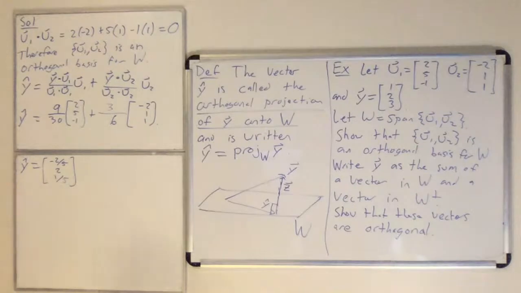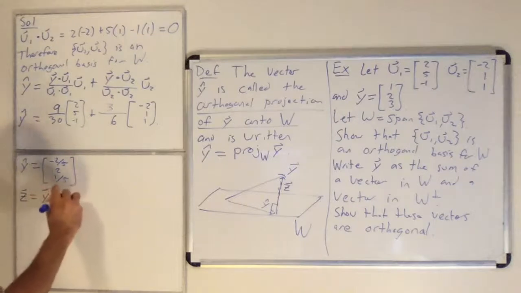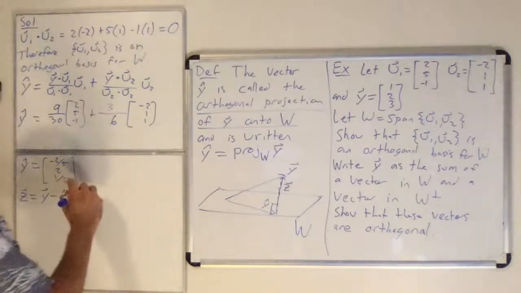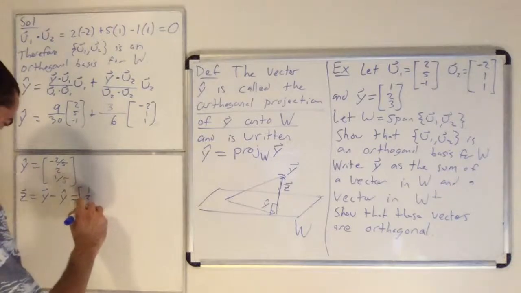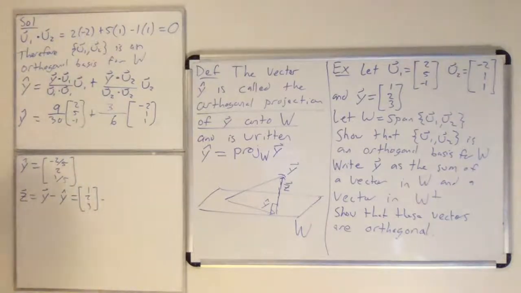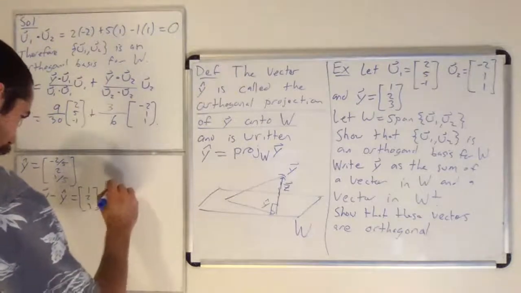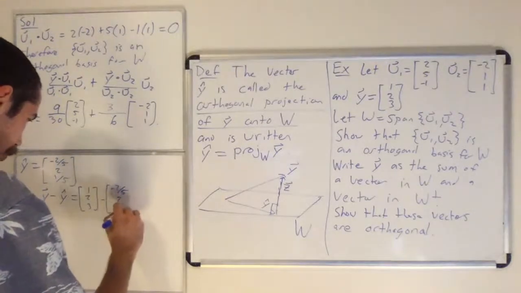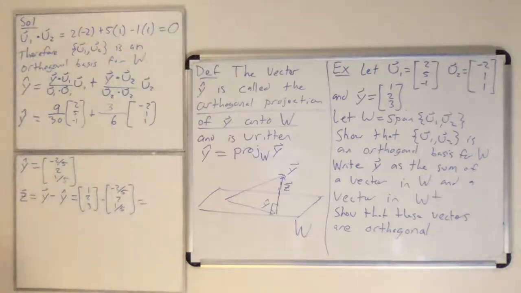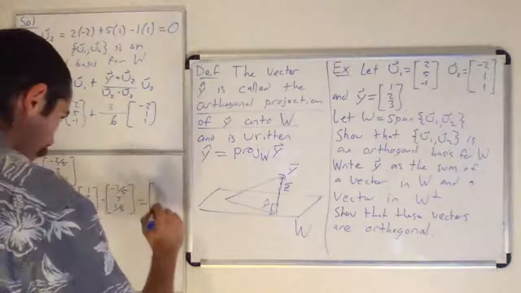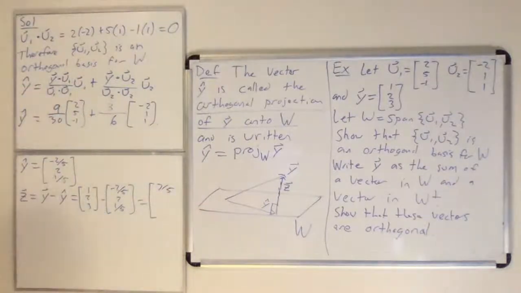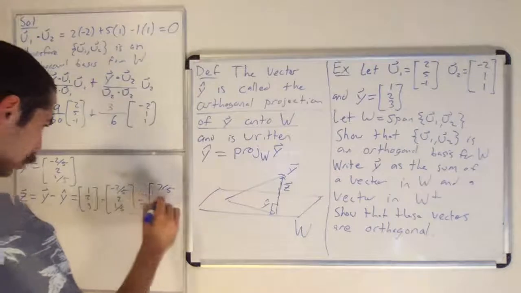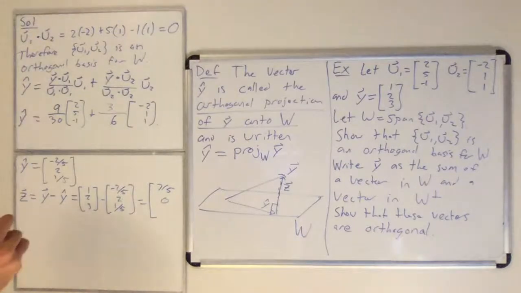Okay, so that's y hat, and then to get z, that's y minus y hat. We get 7/5, 0, 14/5.